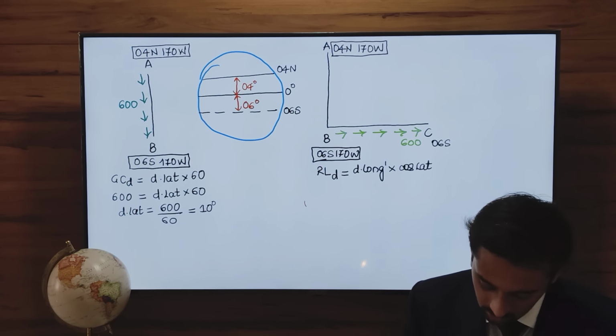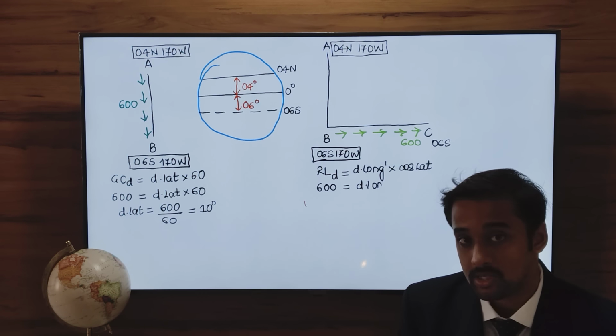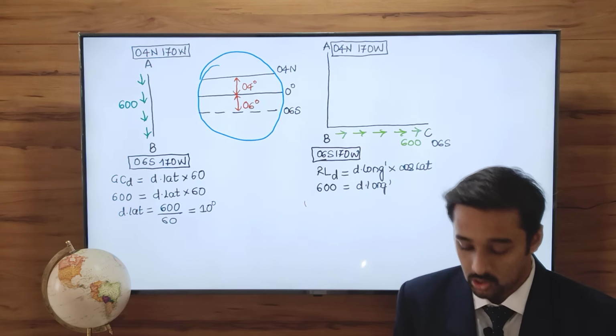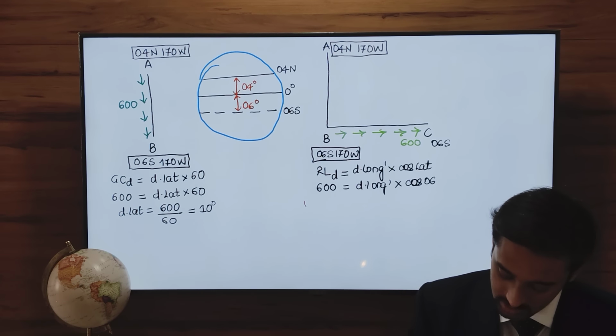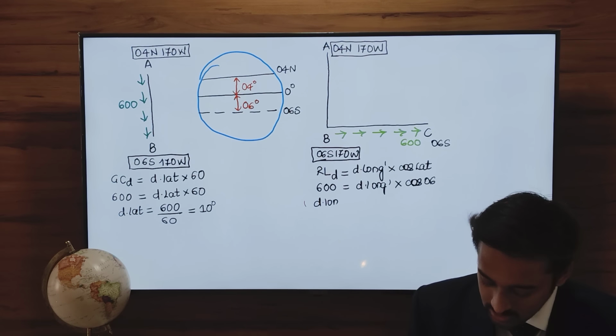600 nautical miles equals d long. Since I only know one longitude, I cannot find the difference between two longitudes, into cos of 6. So d long in minutes is equal to 600 divided by cos 6.